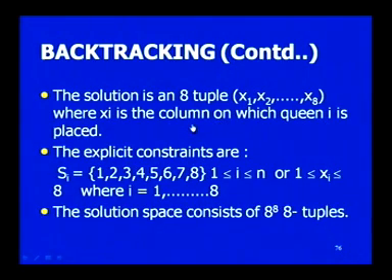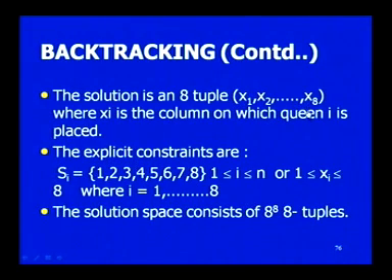So, I am assuming that I have a chessboard with 8 columns. I am going to place a queen in each column in a sequential manner such that no two queens will be in the attacking position. So, my tuple becomes an 8 tuple like this.